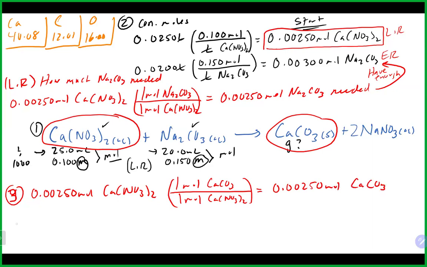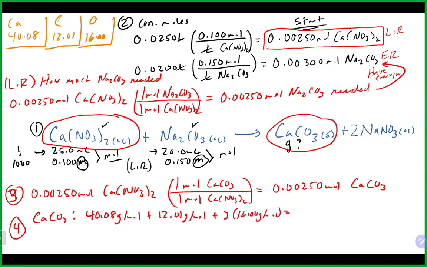My last step is then to convert it into grams, and I will need the molar mass of calcium carbonate to do that. So that's going to be 40.08 plus 12.01 plus 3 times 16 from the periodic table, and that will get me about 100.1 grams per mole.